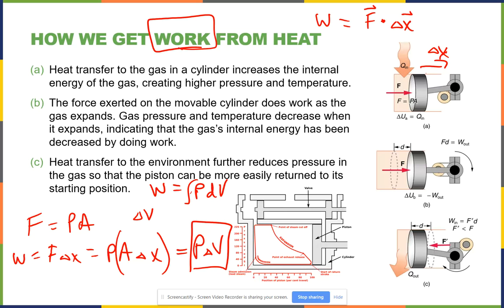Not isobaric. For isobaric, I would have to do some calculation. I know it's constant pressure, but I have to know the change in volume. Isochoric. Zero, because the change in volume is zero. Hence, the work is zero. So an isochoric process is a process that has no work by the definition of work.